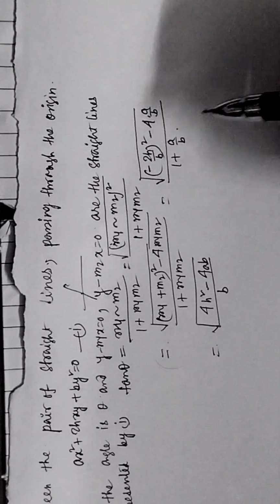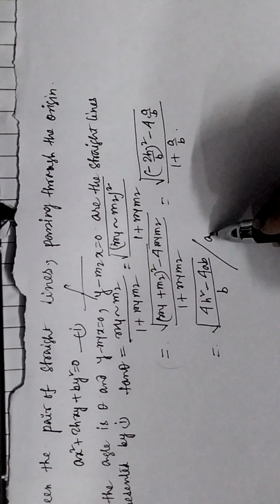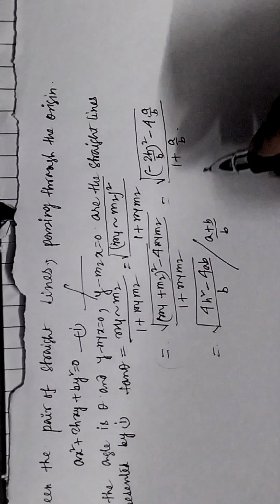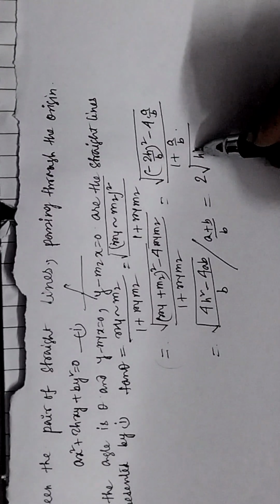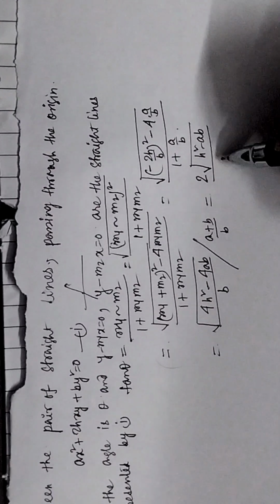b, because this b square will come out of this root sign, so it will be b, by a plus b by b. So after the simplification we can write 2, because this 4 will come out of the square root sign, it will become 2, root over h square minus ab by a plus b.